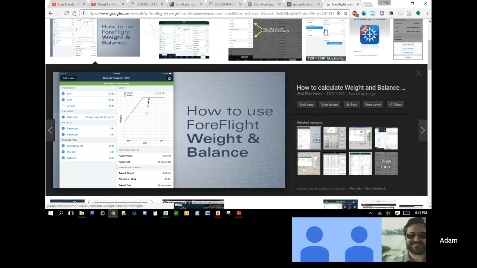So I'm guessing the FAA needs to know that you know how to do this, and then they'll say go use the app. Yeah, it's one of those things. I'll tell a short story. The iPad's great, right? You've got charts on there, maps. But when I went in for my last check ride, I brought paper charts. They asked me to do a weight and balance. I did it on paper with a calculator by hand.